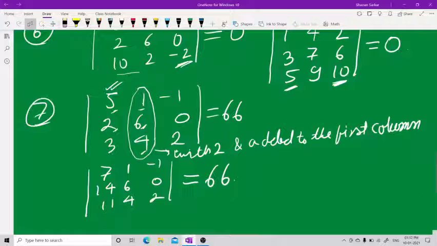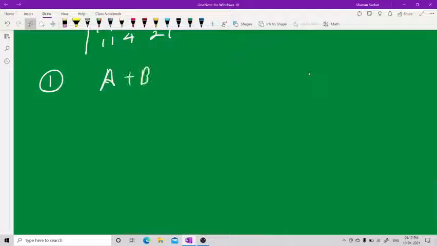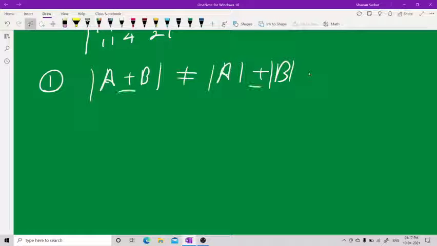Now let us understand certain more properties of determinant. First, you cannot write the determinant of A plus B as determinant A plus determinant B. Not possible, or with minus, this is not possible.